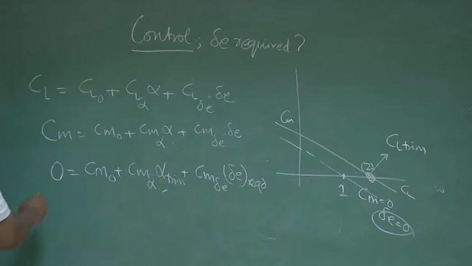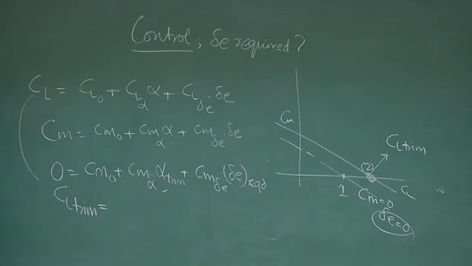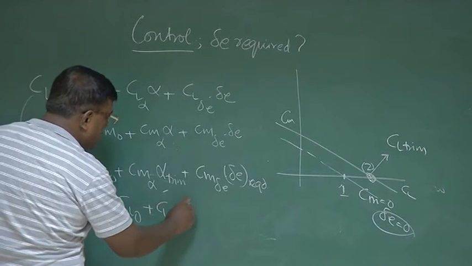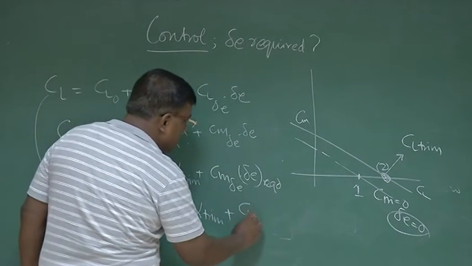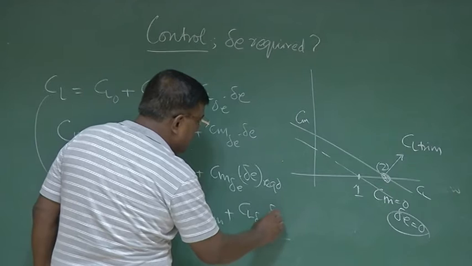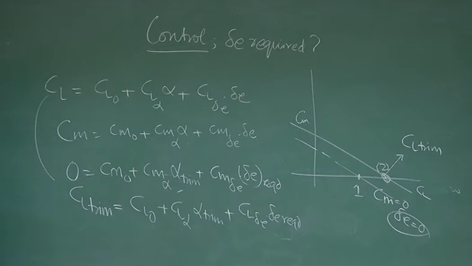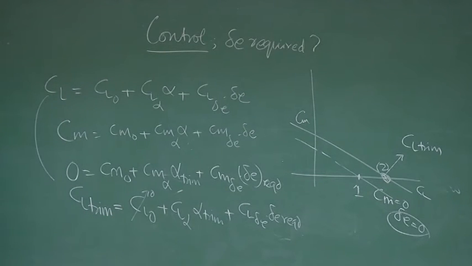If I revisit CL, the CL will become now CL trim, equal to CL naught plus CL alpha into alpha trim plus CL delta E into delta E required, right? For simplicity, let us assume that this value is 0. You can always use this value and write the expression. That's not a big problem.